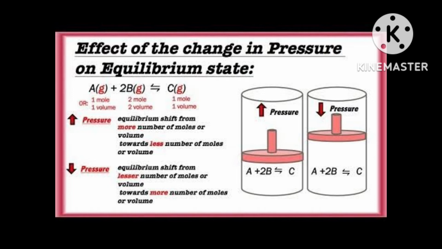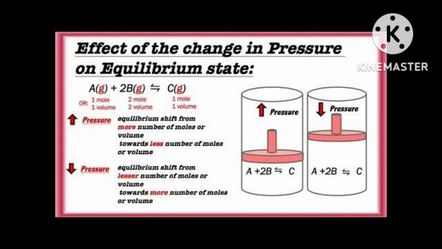If products are methane and H2O, that number is only 2 and down is more, then obviously Q value will be less. Okay, because if the denominator value is more, then Q will be less. It means Kc will be more. If Kc is more, then change will take place. Equilibrium will shift towards forward, means towards product.